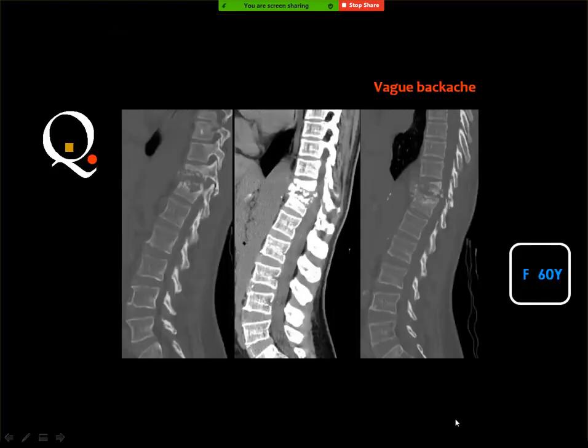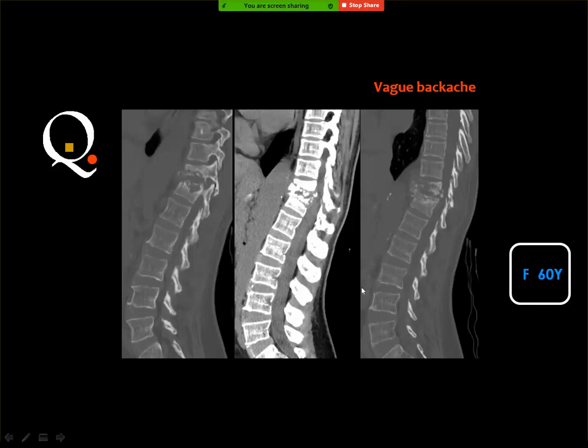Then what do you think of this? Compressive fracture. No. Burst fracture. No, this is not a fracture because the disc is involved. Infection, discitis. Yes. And if the disc is involved, then you think of infection. Old rule.